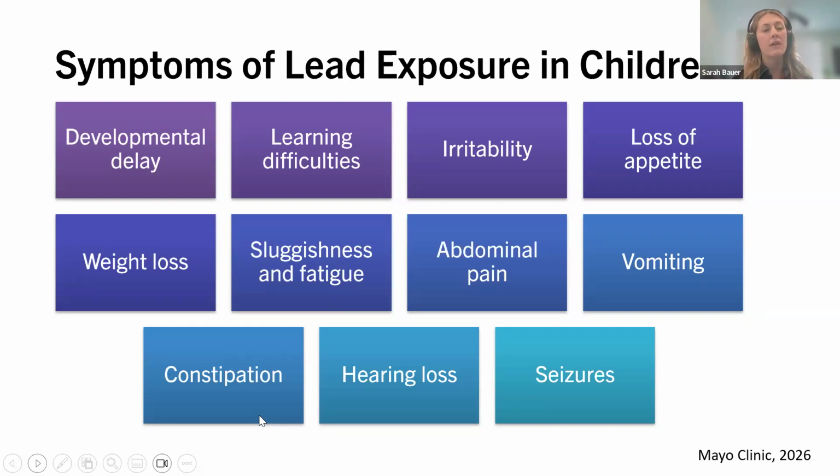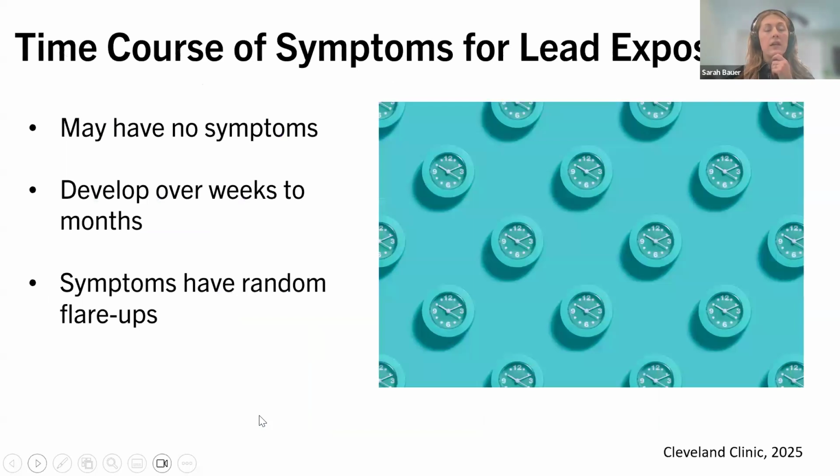We see kids with lead exposure who have developmental delay, learning difficulties, irritability, loss of appetite, weight loss, fatigue, abdominal pain, vomiting, constipation, hearing loss, and seizures. These are also a similar constellation of co-occurring conditions to something else we're going to talk about, right?